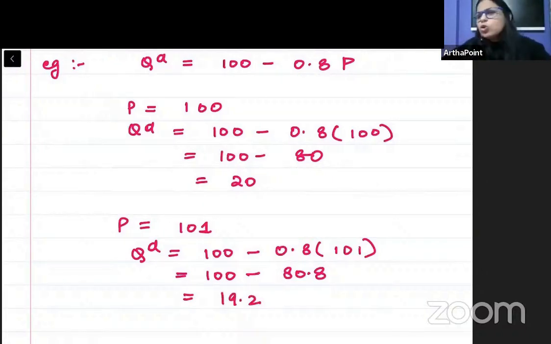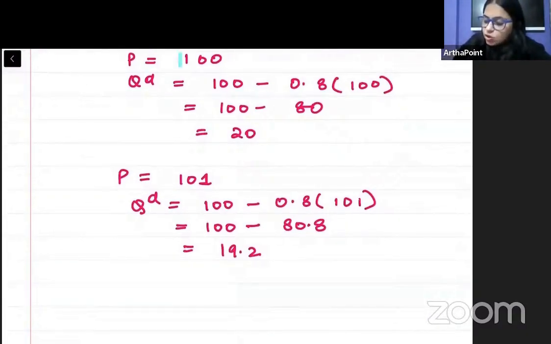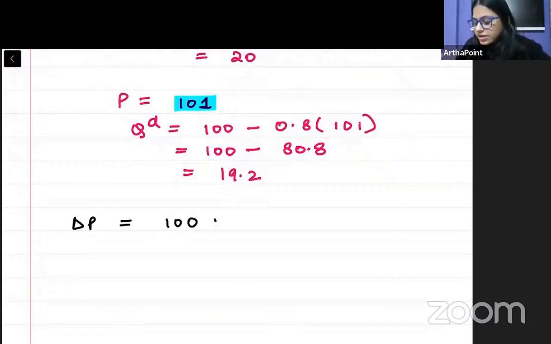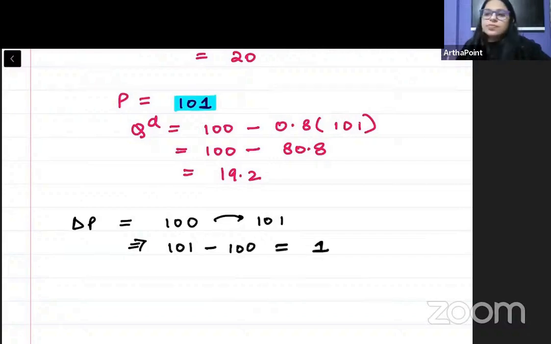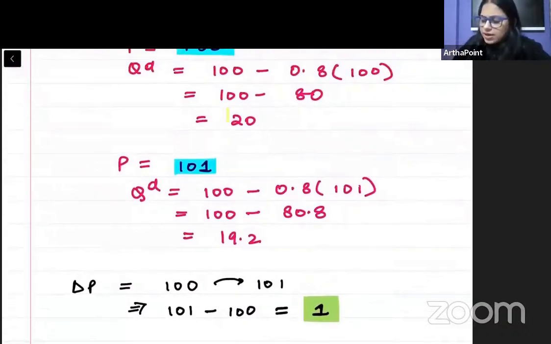What do we realize from here? We realize that when your price increased, from 100 it has gone to 101. So the change in price is 101 minus 100, which means 1. When your price has increased by 1, what has happened to your quantity demanded?